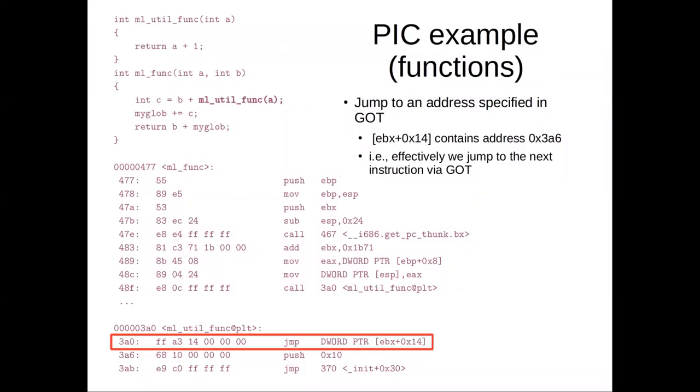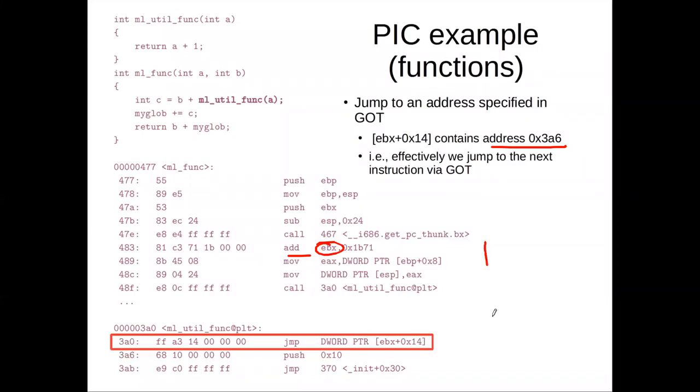This is, remember, EBX plus 14 contains address 3A6, right? Because EBX, remember, after we execute this add instruction, contains the address of the GOT, right? So we say, okay, GOT starts at EBX plus some number of entries plus 14, and jump to this address, right?